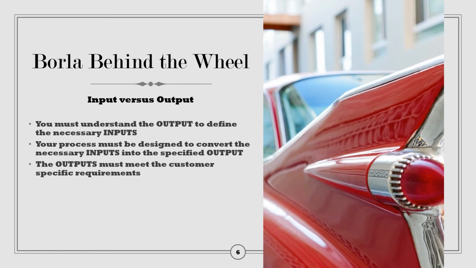And then the outputs must meet the customer specification requirements. So you kind of go at this backwards in planning. You look at the output that you want and the customer specifications, and then you determine what inputs have to go into the process to create it.